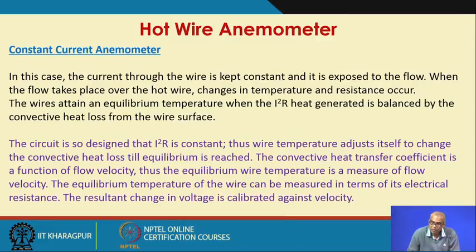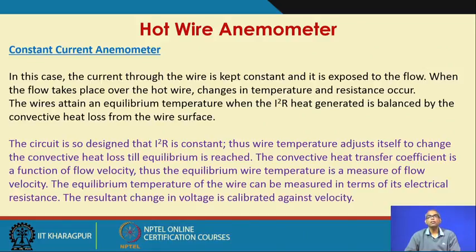Thus, wire temperature adjusts itself to change the convective heat loss till equilibrium is reached. The convective heat transfer coefficient is a function of flow velocity. Thus, the equilibrium wire temperature is a measure of flow velocity. So, this is to be understood that the convective heat transfer coefficient is a function of flow velocity.